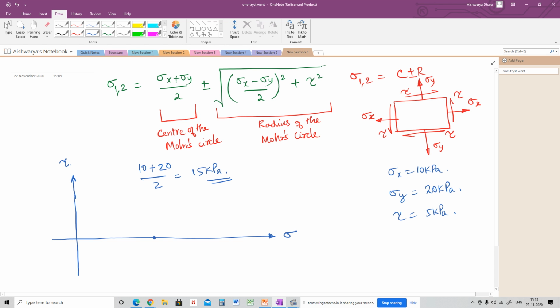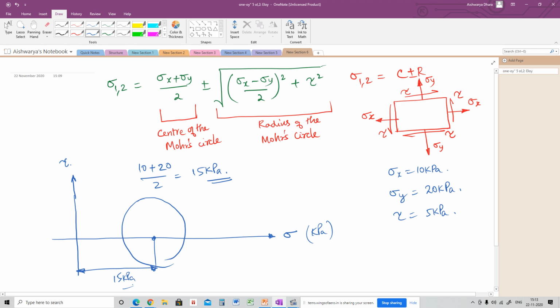So if the Mohr circle is here, to identify the center of this Mohr circle, it will be in terms of this same unit. That means I can locate from here to here, whether it is in this direction or this direction. If it is 15, then here to here is 15. You got the point?